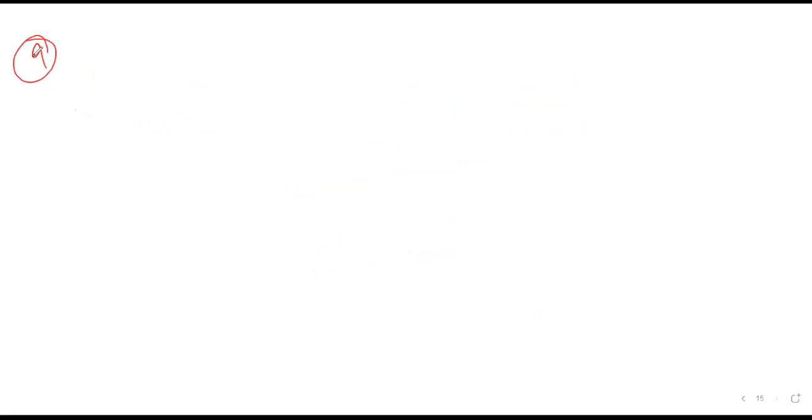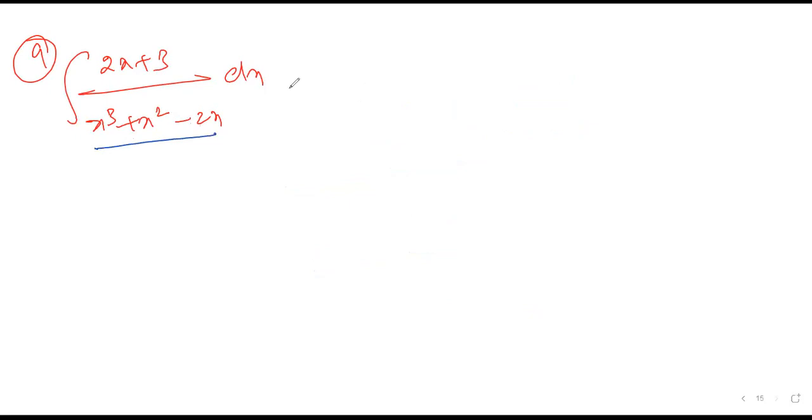So next I'll switch to the 9th question. The 9th question is 2x plus 3 by x cube plus x square minus 2x into dx. Okay. In this question, the denominator is not comfortable to move forward with directly.